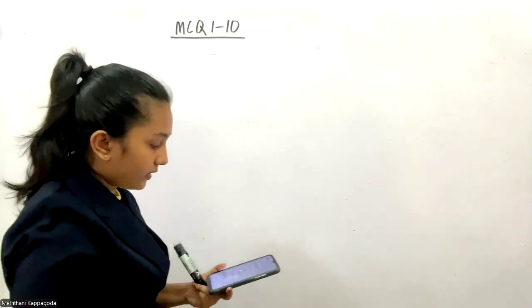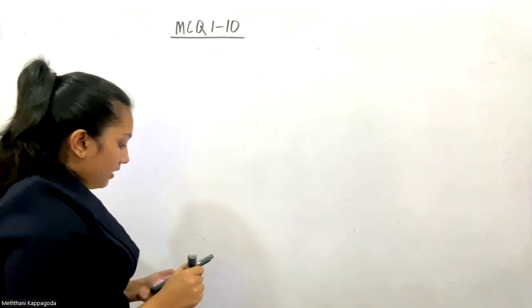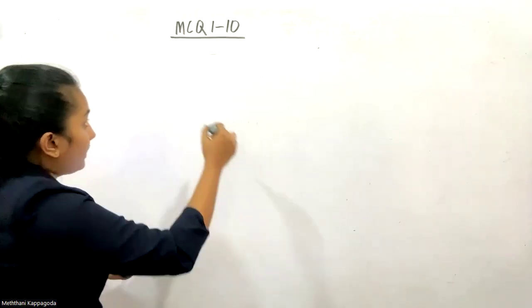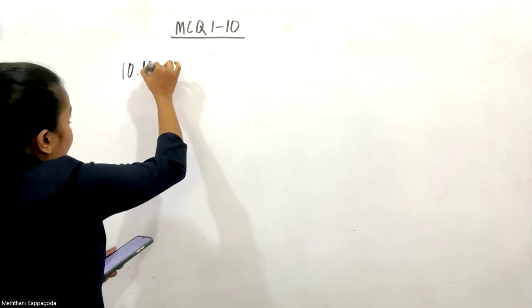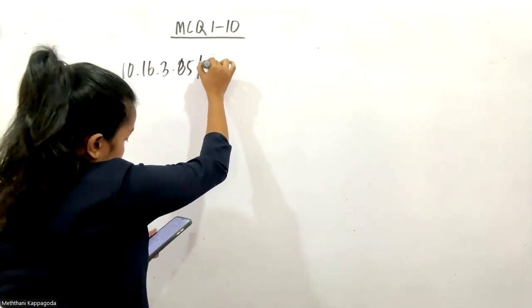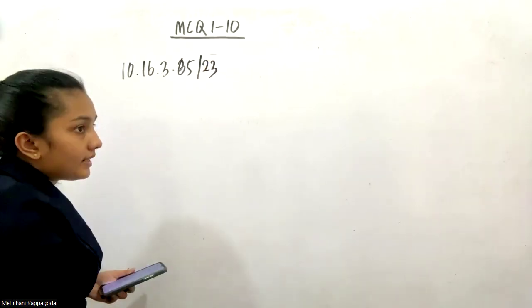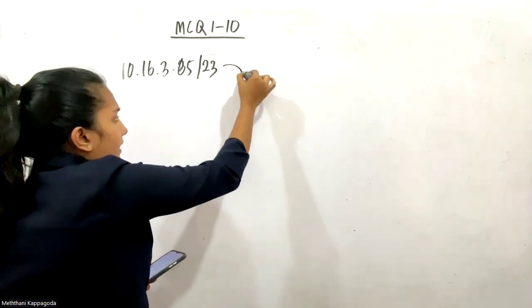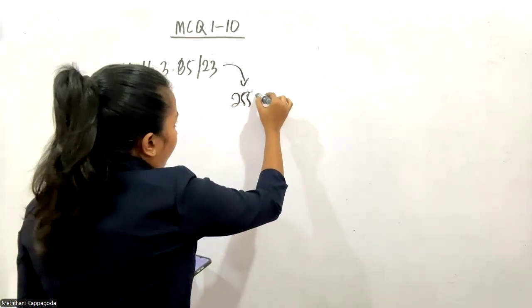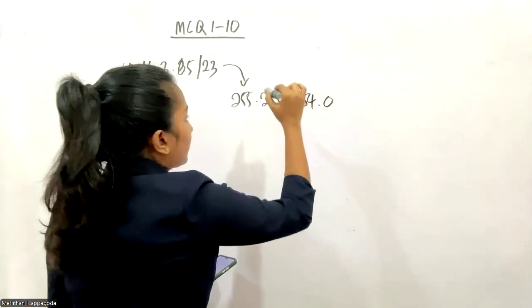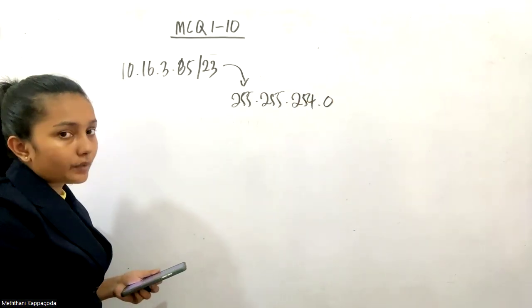Let's do the calculation. 10.16.3.65/23. /23 means what is the subnet mask then? The subnet mask given in the question is 255.255.254.0.